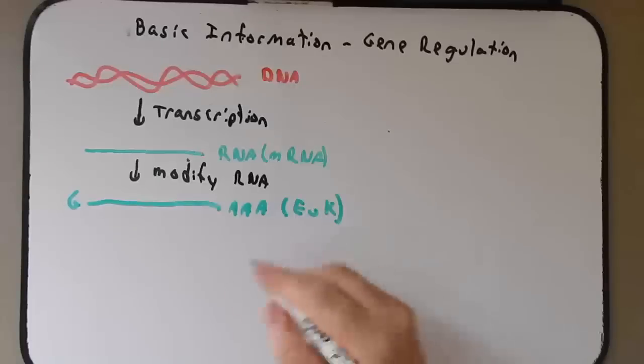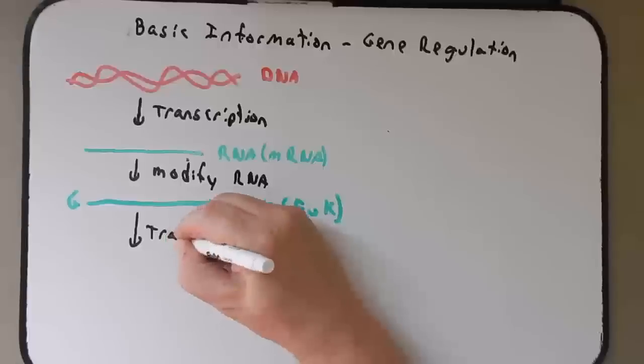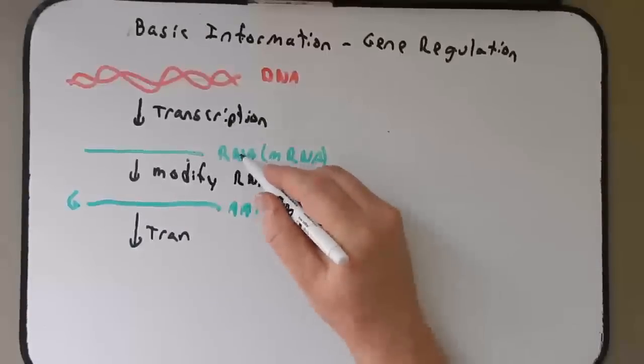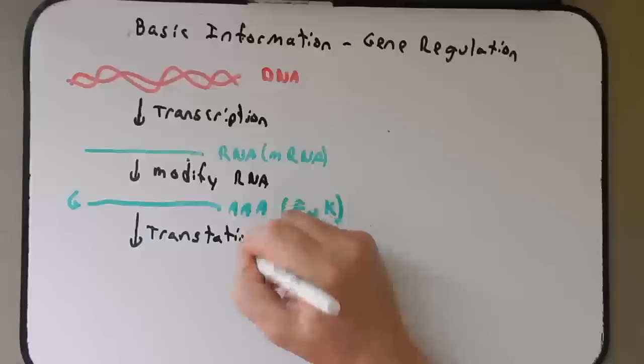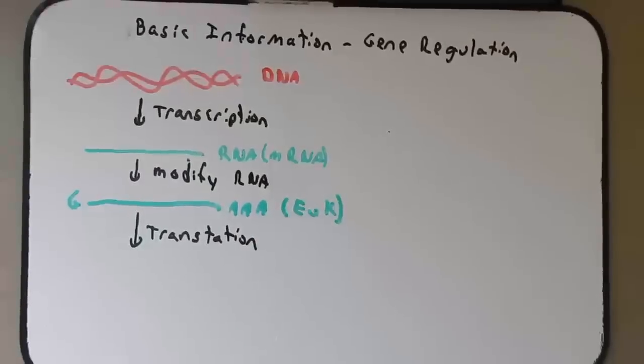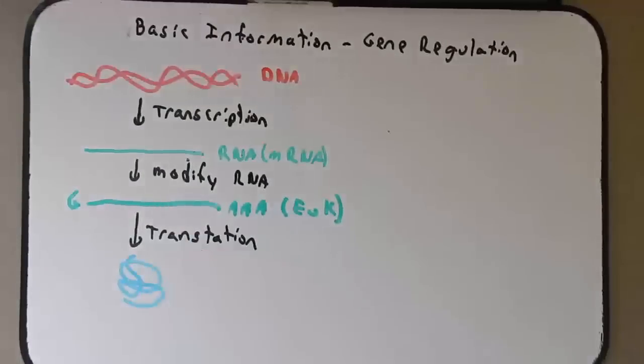Now, this modified RNA is next translated. And again, remember, if we're talking about bacteria, it would just go straight from this RNA to the translation step. And as that RNA is being translated, it makes a protein. Now, we didn't talk about this, but sometimes this protein by itself is inactive.